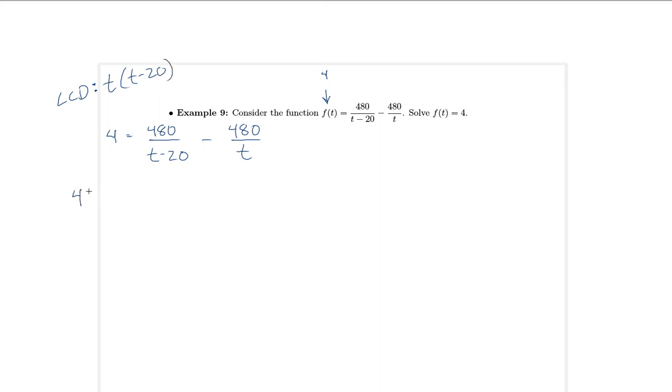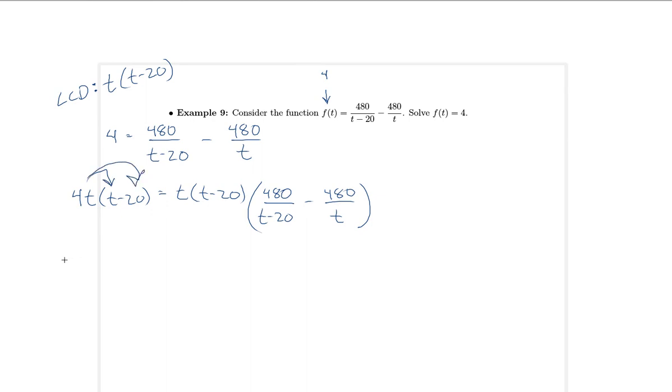So on the left side, t times t minus 20 times 4. And then on the right side, same thing. All right, so on the left side here, we can do some distributing.